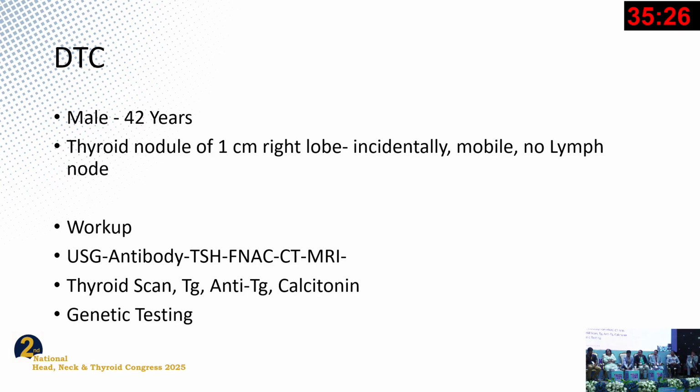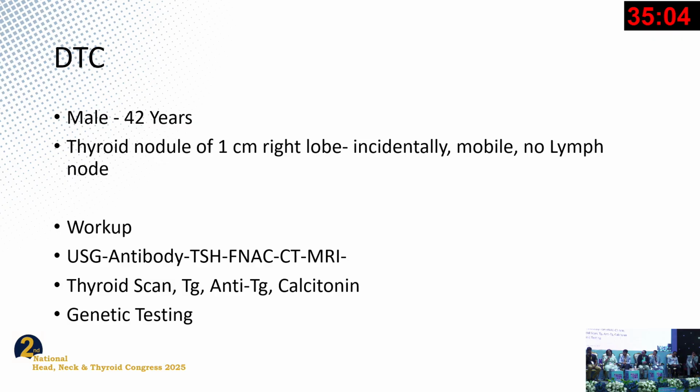So I now request Professor Ashari Patil ma'am, you have said a lot during your talk. To crystallize this, what is the impact of FNAC? What are the indications in this scenario, and what are the findings and interpretation?